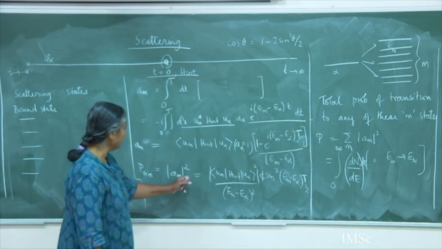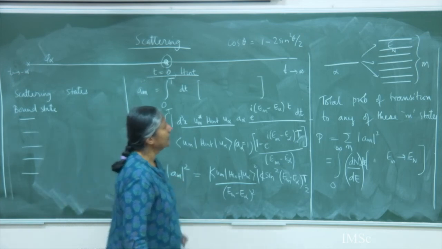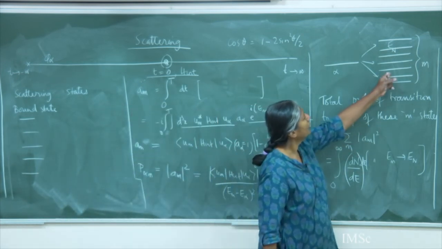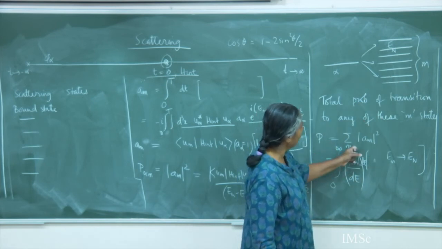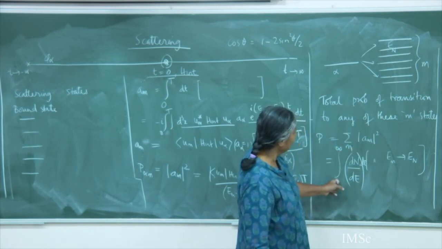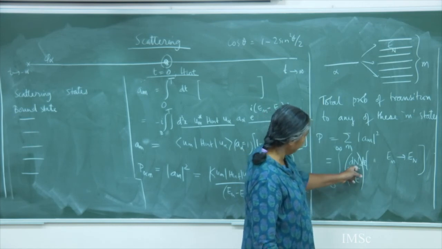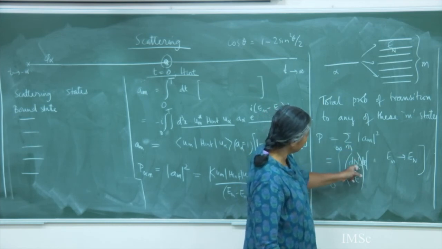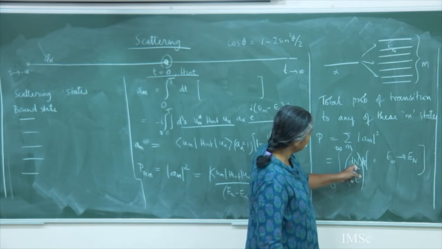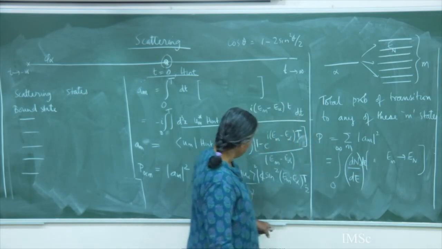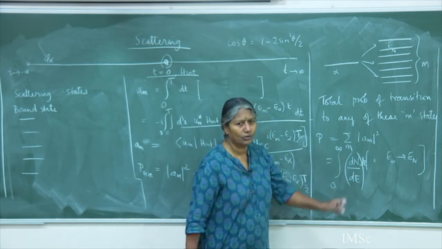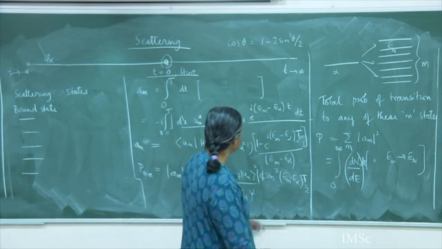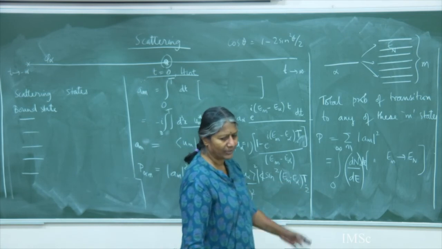This is the probability for transiting to one state m. There are many continuum of close by states. So total probability will be a sum over all those states. In the continuum limit, I make the sum into an integral, and n is the number of states, I replace the dn integration by dE integration, and because this energy denominator takes care of everything, I can integrate now from 0 to infinity, and this sine squared will just give you a factor of pi.